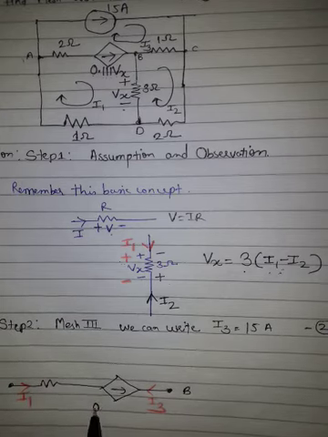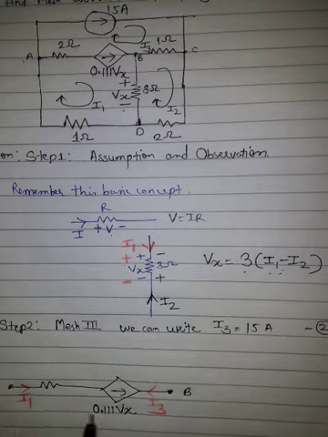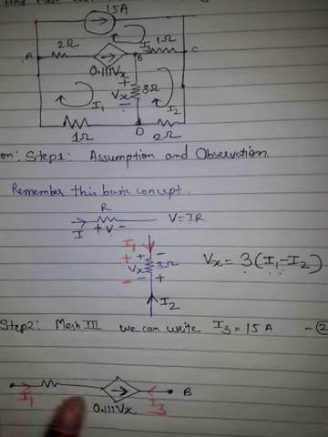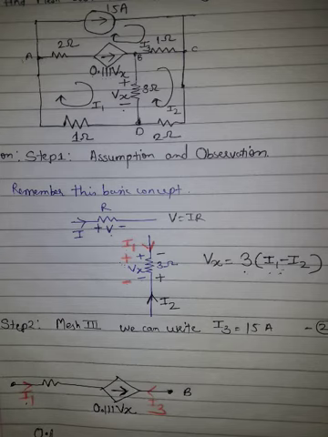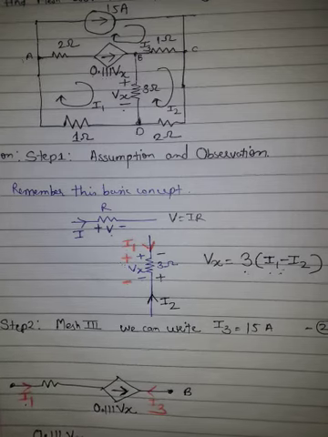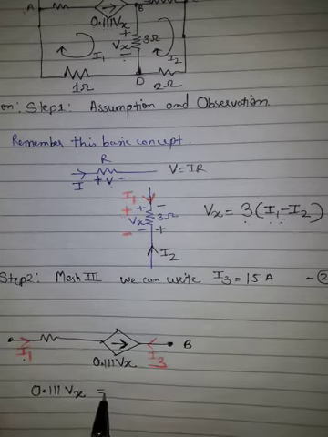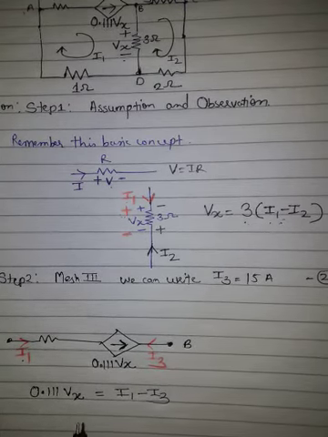The value of this is 0.111 Vx. So the resultant current is in this direction, same as I1. So I can write 0.111 Vx equal to I1 minus I3.